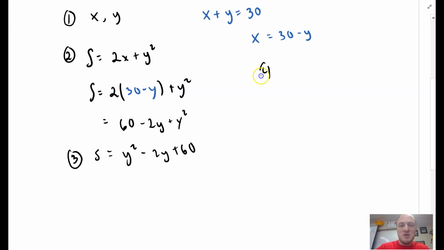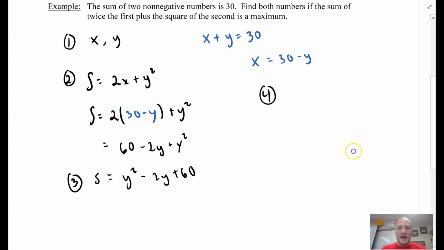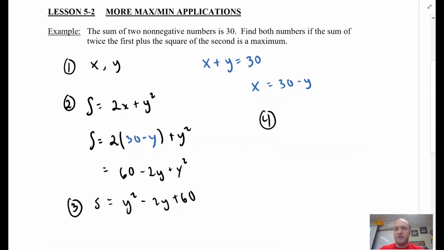Next I want to look at the domain: what could these numbers possibly be? Remember, we're adding two non-negative numbers, so they cannot be negative, so 0 or more. If x is nothing, what's the biggest y could be? 30. So here is my domain. That's step 4.